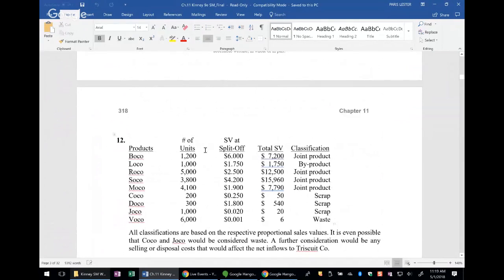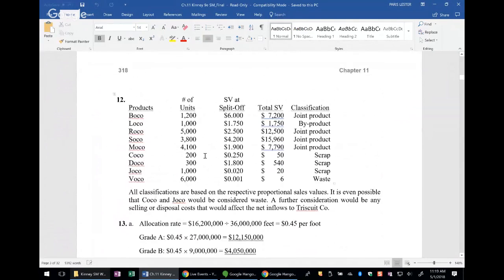All right, look at number 2 here, and let's see what they did to try to classify this. Sales value at split off, we figured that is a joint product. Sales value at split off. Now, you'd have to really be familiar with this company to even answer this question.